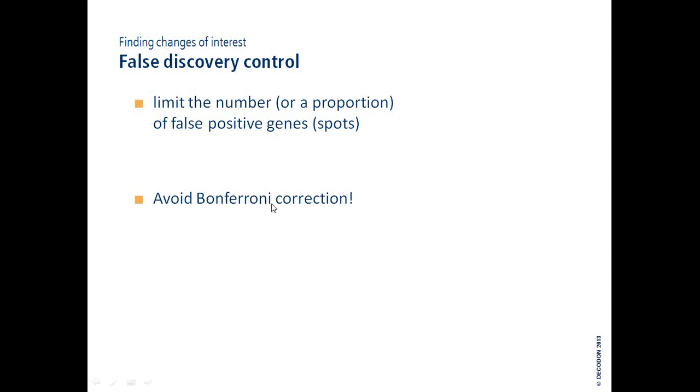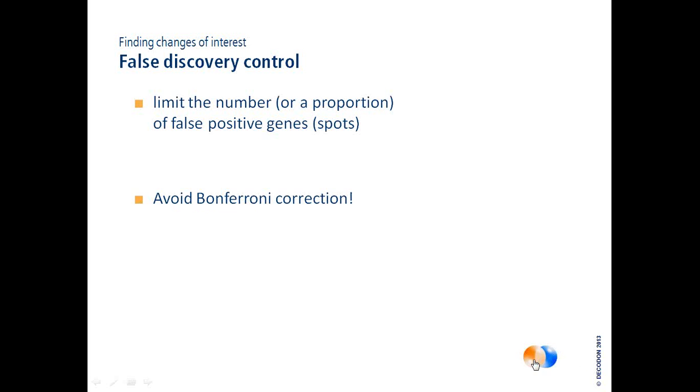Let me also mention here already that you should avoid Bonferroni correction. Bonferroni correction is just kind of a certain simple correction, and there are better ones which are more intelligent, if we can call an algorithm intelligent.